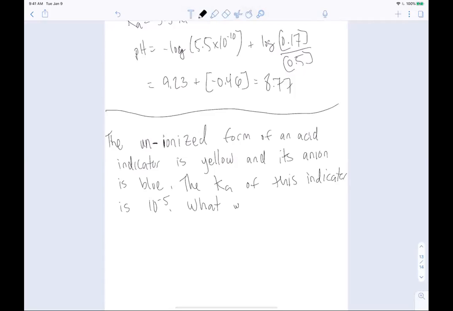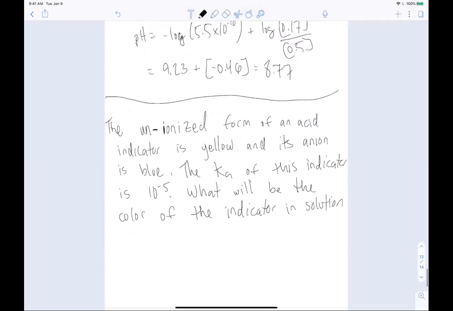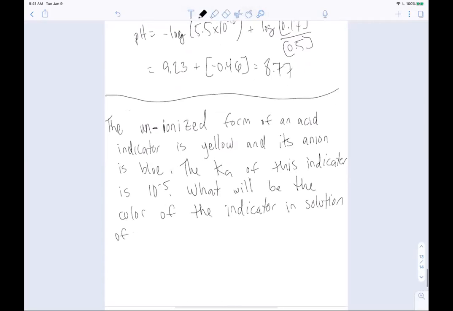What will be the color of the indicator in a solution of pH equal to 3? Okay, so lots of things we haven't reviewed here.